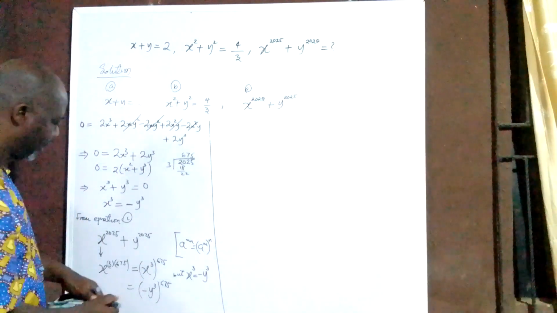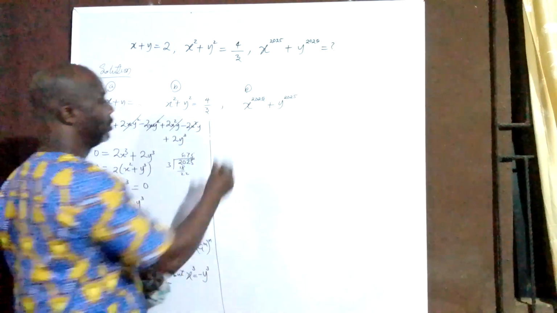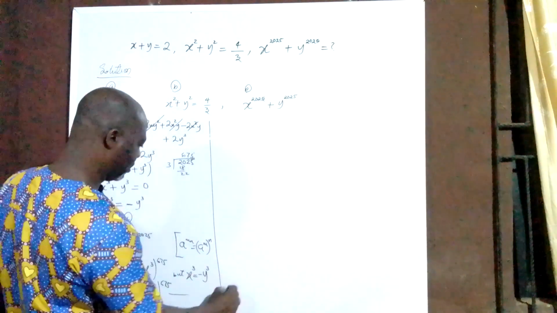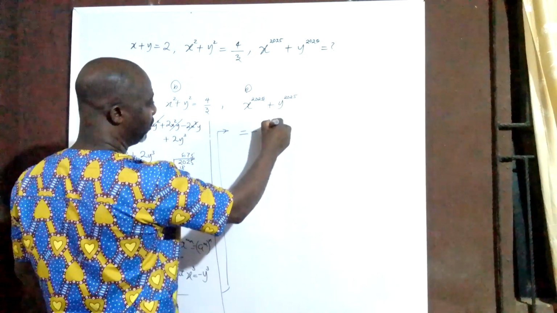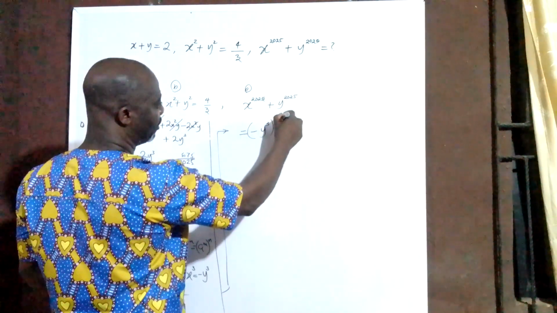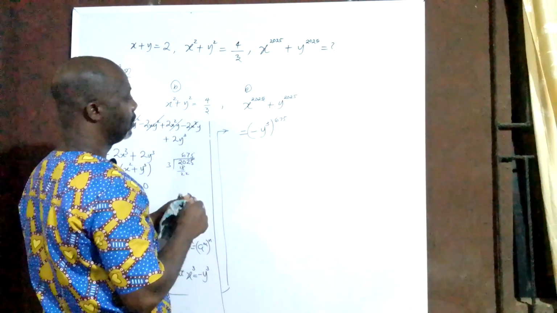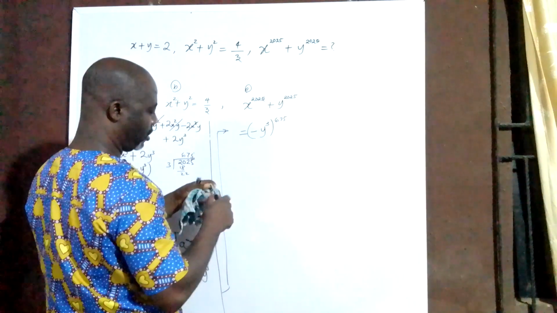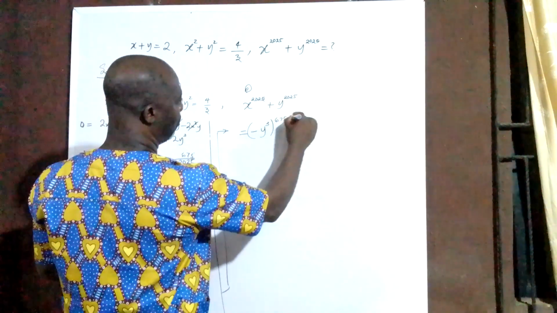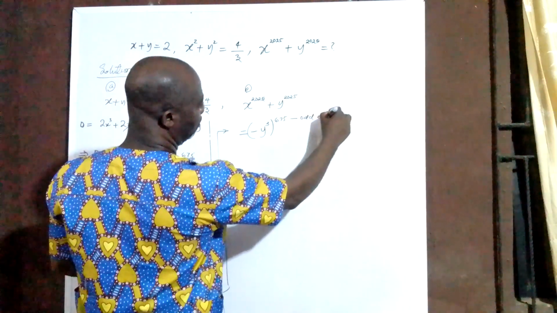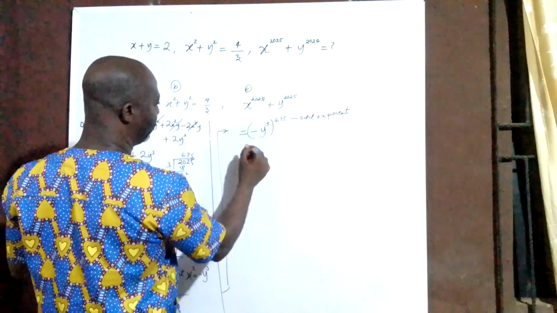Now you can see that this is an odd exponent, and because it is odd, the minus sign remains.